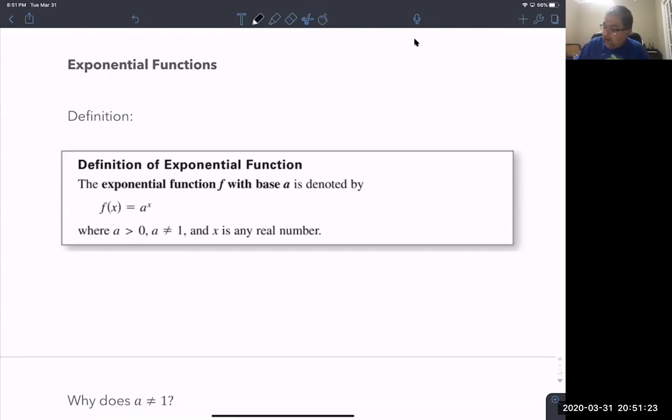This differs from a polynomial because remember, a polynomial was anything like this: a_n x to the n plus a_(n-1) x to the n minus 1 plus dot dot dot all the way to a_0. So that was polynomial. The difference between a polynomial and an exponential is that, let's just simplify the polynomial like this, and the exponential function being g of x is a to the x.